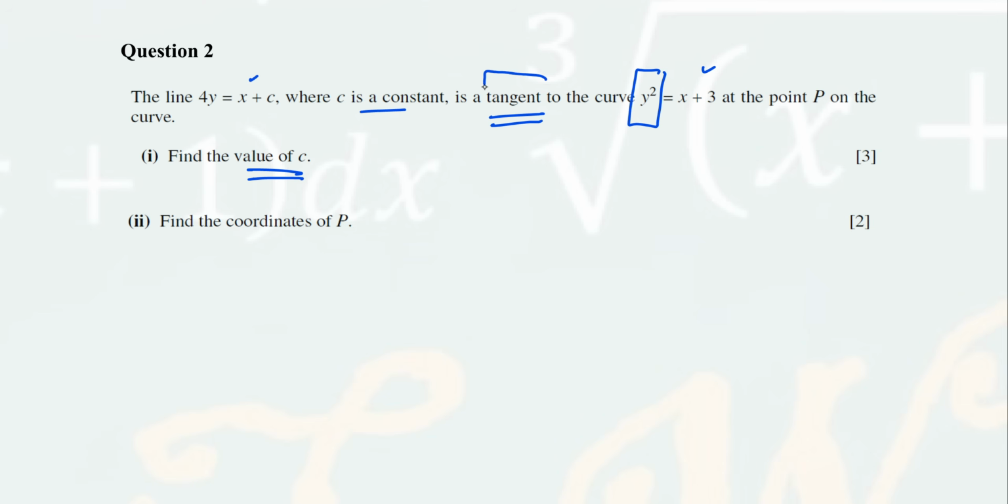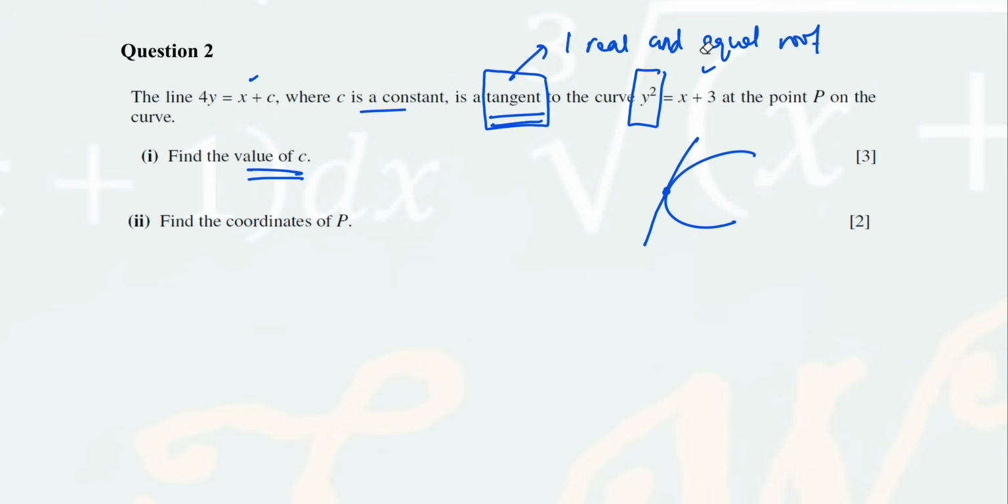And when it's mentioned tangent, if I simply sketch a graph, tangent means it touches, not cuts, at one point. The line touches the curve at one point. That's the meaning of this. In other words, this means just one real root, one real and equal root.